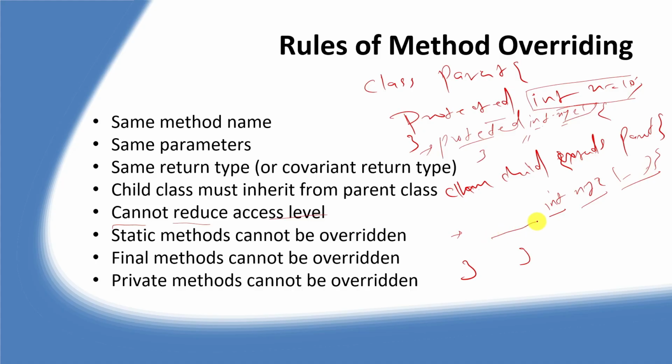Now, what is the rule of access modifier? Since we are using protected in the parent class, what access modifier can I use in the child class while overriding? The rule is it can be the same or it can be wider.